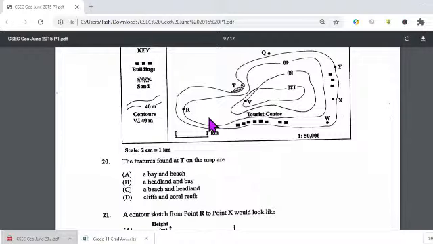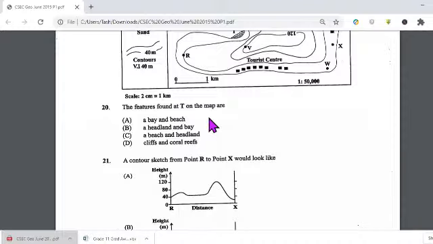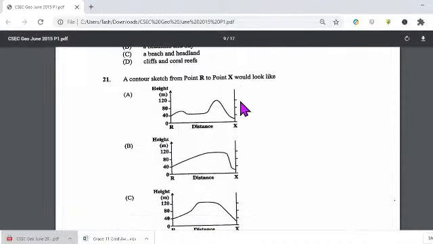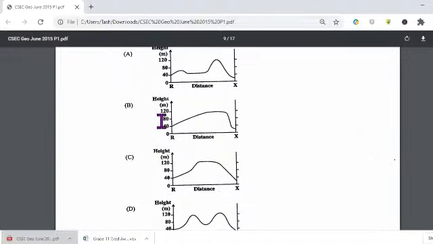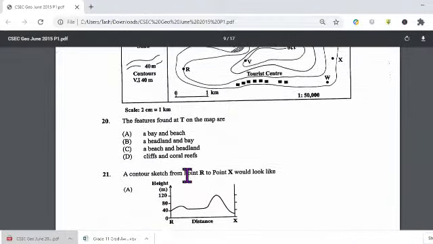So it means that the drawing that you're looking for, the contour sketch, you would have seen that they are stretching across. So we can see maybe it's this or maybe it's this just by looking at it without actually drawing it, right? Just because of how it stretches across here.